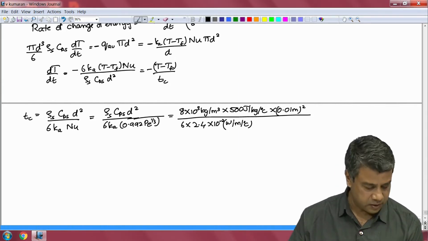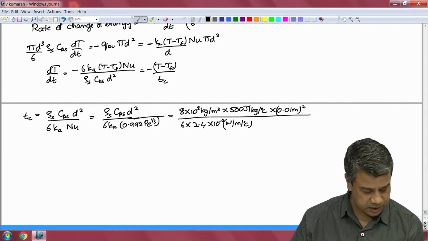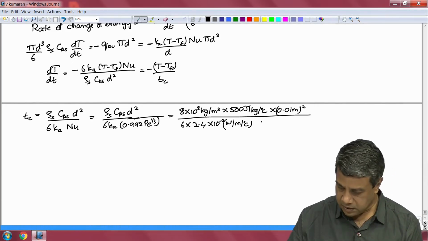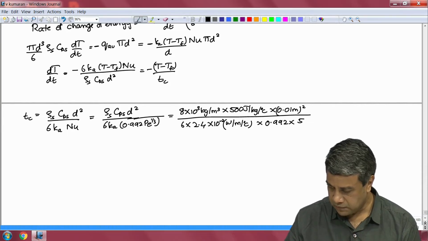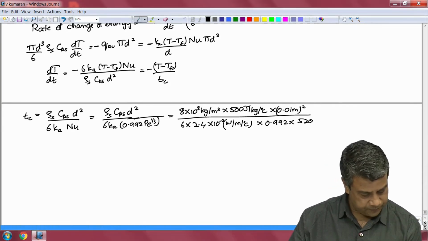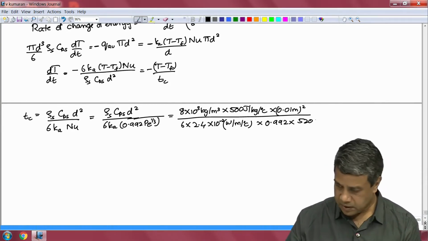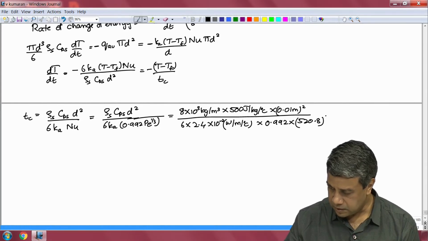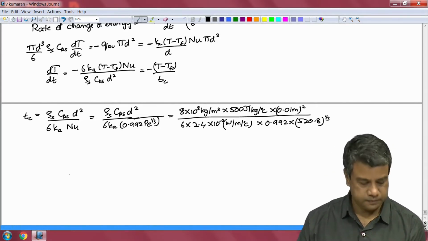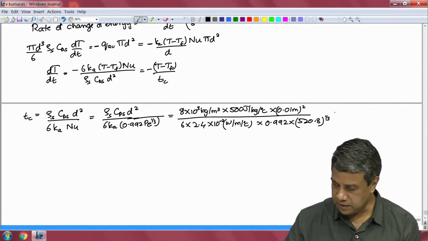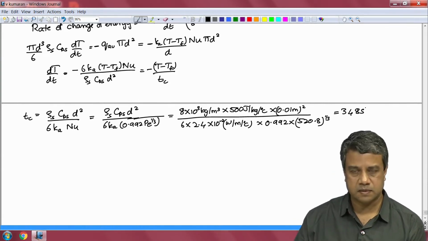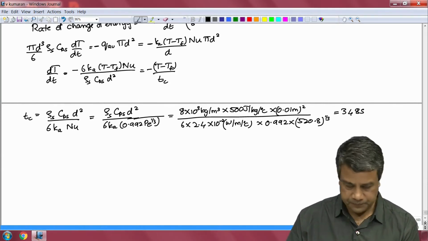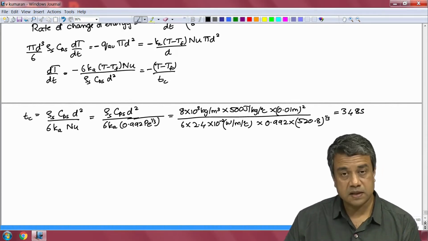That is the unit of the thermal conductivity. Into 0.992 into 520 to the power 1/3. And you can evaluate this. This comes to about 348 seconds. So, that is the characteristic time.